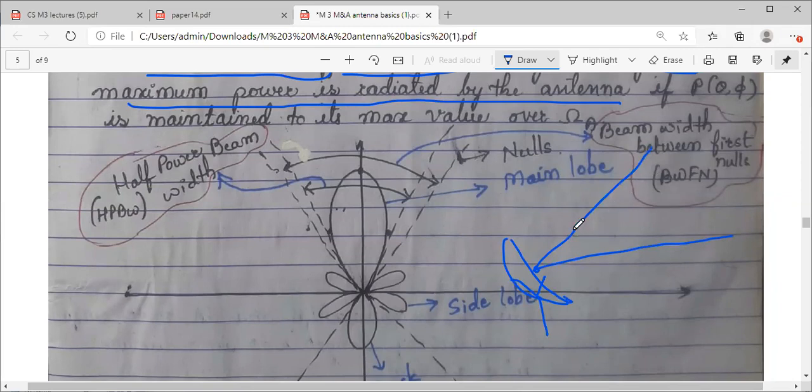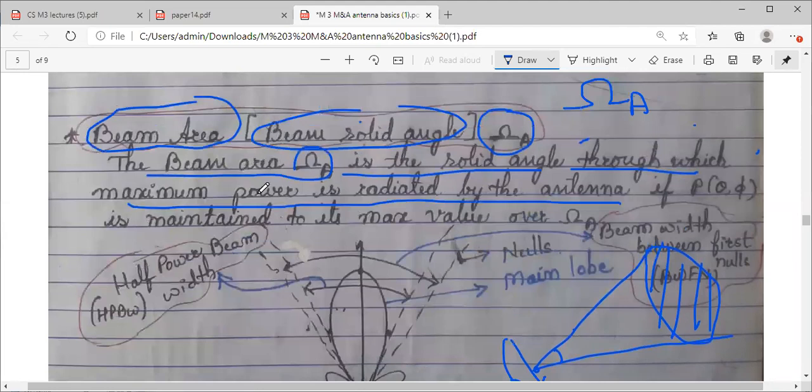Suppose I take this as the angle. So you can see the area here. It is the maximum area through which your radiation is propagating. That we call beam solid angle or beam area. The solid angle through which the maximum power is radiated. Fine.